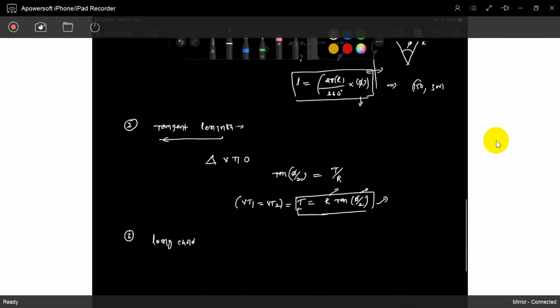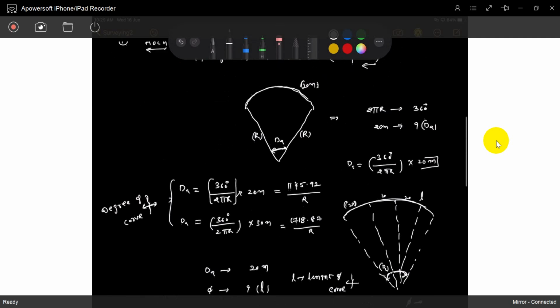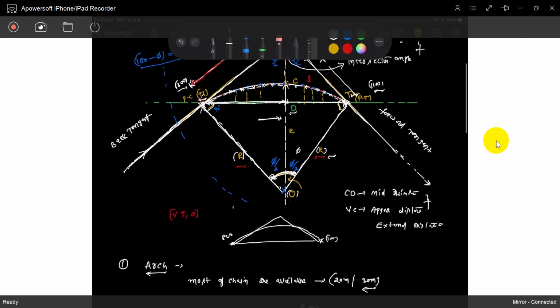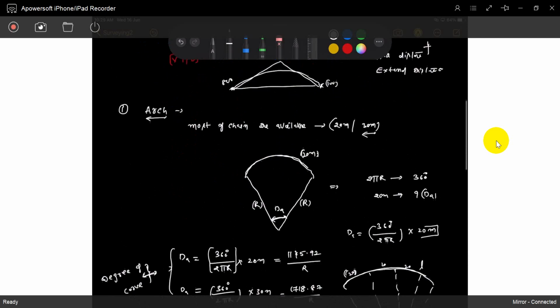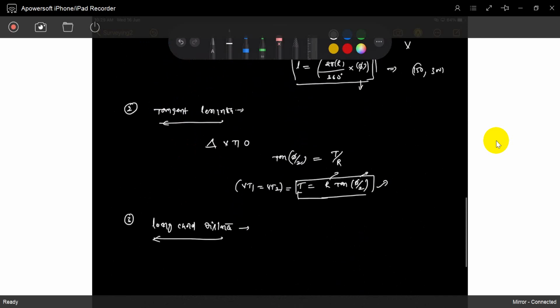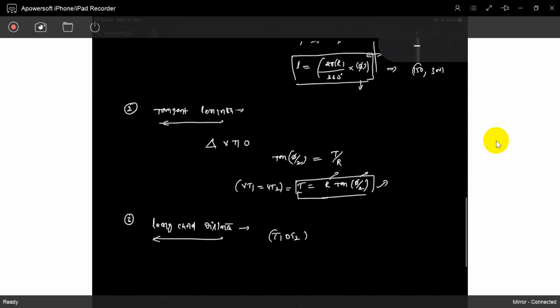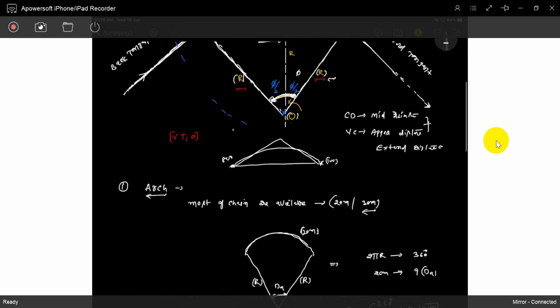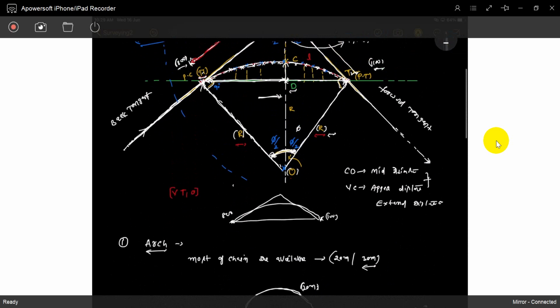So next we will calculate the long chord distance. Long chord distance means T1 D T2. That is the long chord distance. If you see this, it is exactly bisected at D. So if you know the half length, we can directly conclude twice that distance.